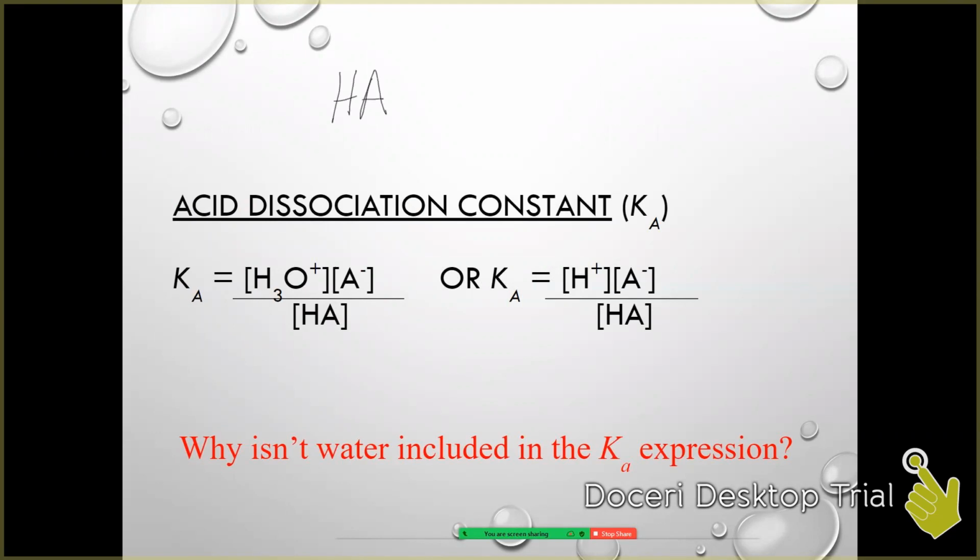This is going to be my acid, and we're going to combine it with water, and we're going to end up with our conjugate base plus our H plus concentration.